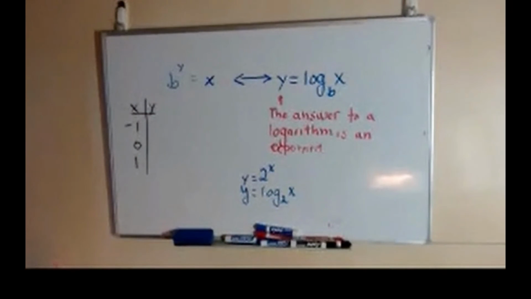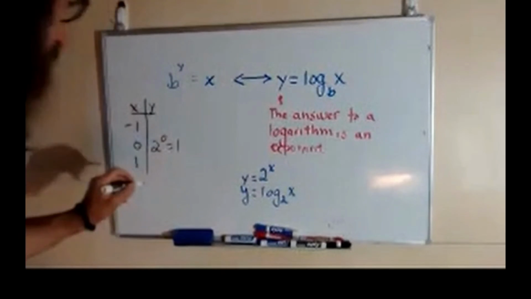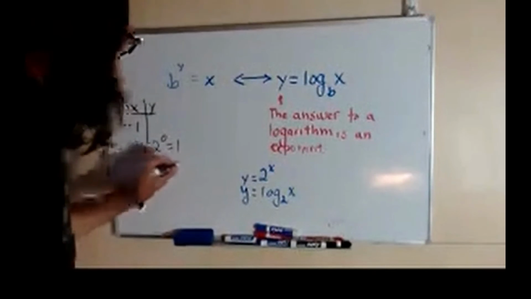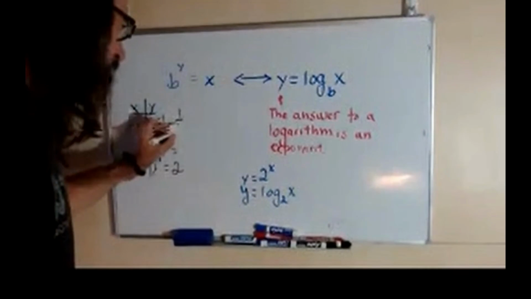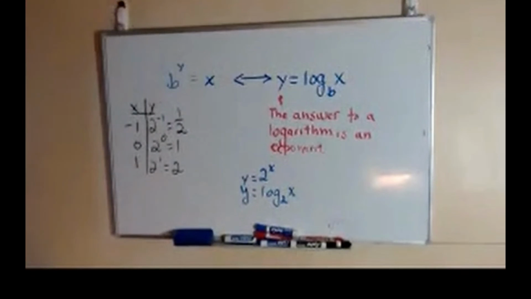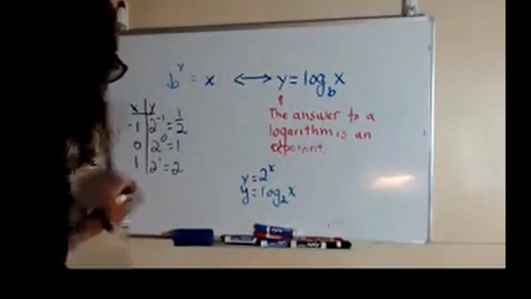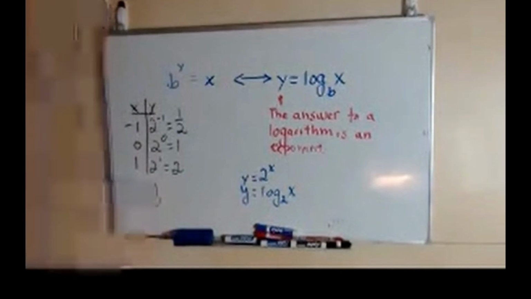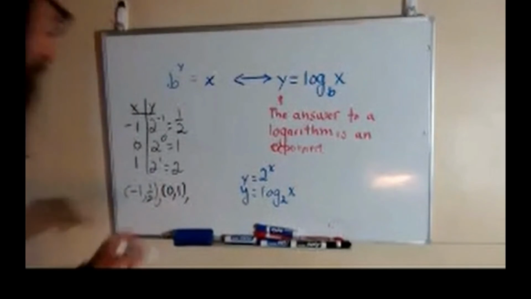If you have a positive base, then raising 2 to the 0, that's 1. 2 to the first is 2. And 2 to the negative 1 would be 1 over 2 to the positive 1, so just 1/2. That would give us, on the first one, 3 points: negative 1 comma 1/2, 0 comma 1, and 1 comma 2.